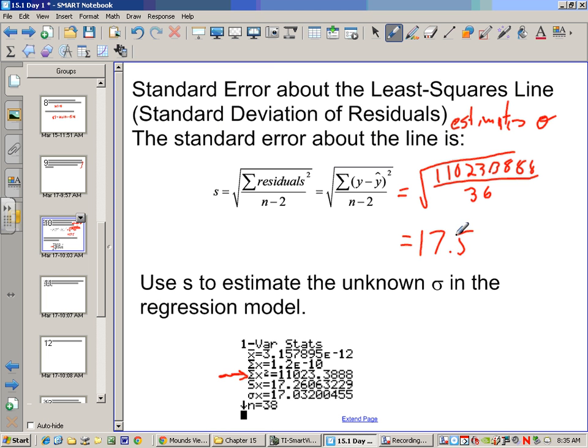So 17.5 is our value for S. Now what that means is a typical value will be about that far from our predicted value. So our typical value for IQ will be about 17.5 from what we predicted.